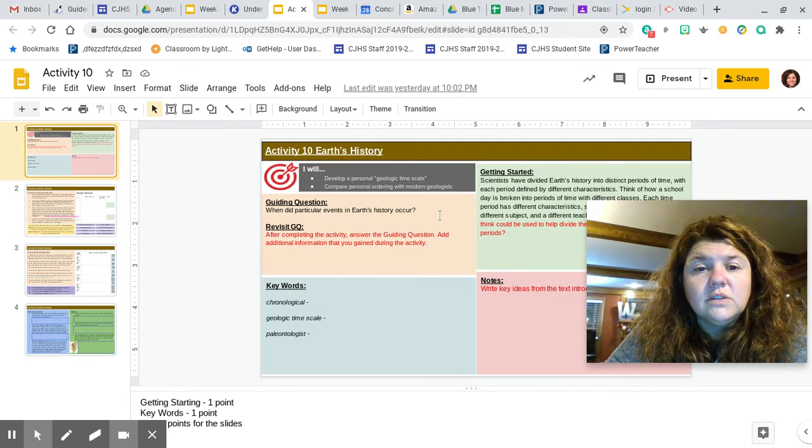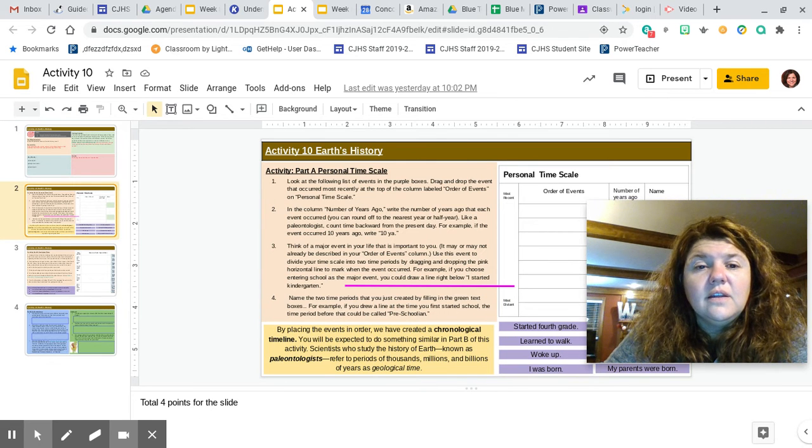You'll start out by reading the intro in your lab manual, then do the green box here, this getting started, and answer this question in red. Don't forget, you need to write definitions for your keywords right here. Then here are some general directions of what you're going to be doing. You can click on these purple boxes and drag and drop them to create your personal time scale.